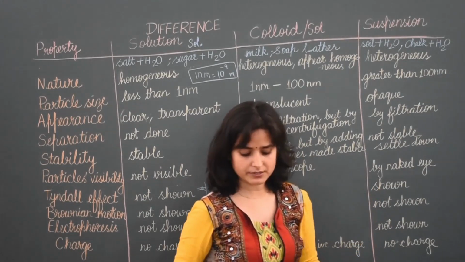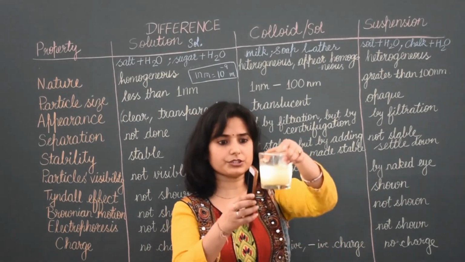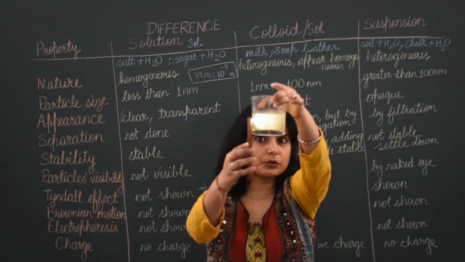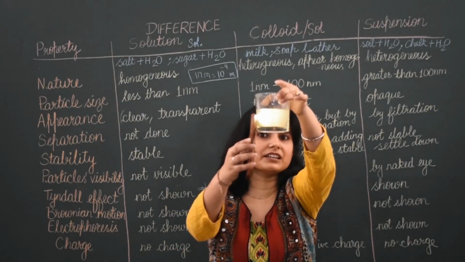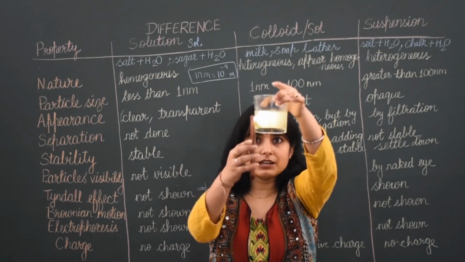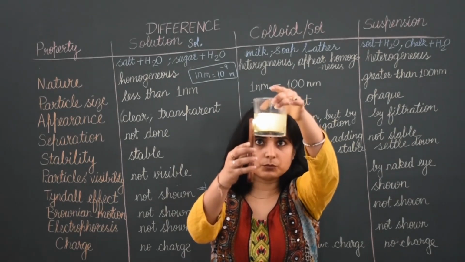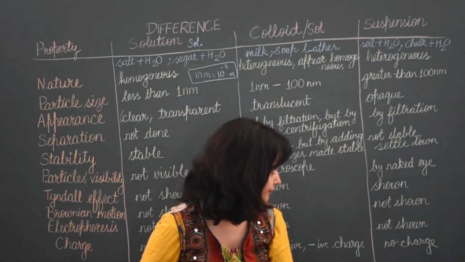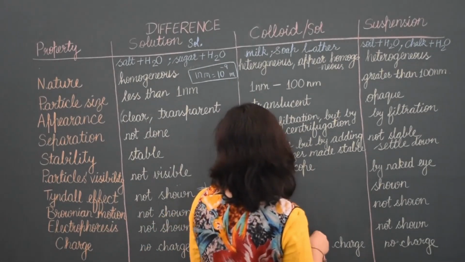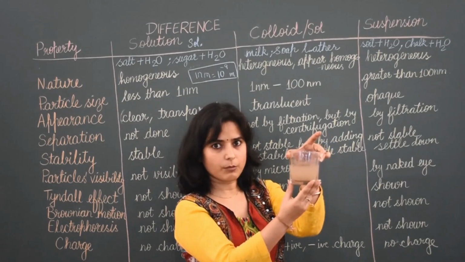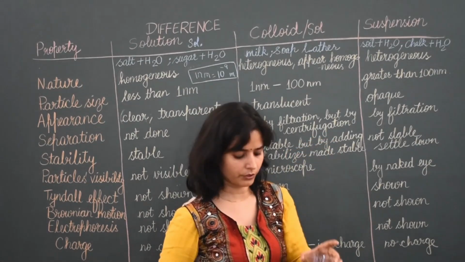Next, Tyndall effect is also shown by this type of mixture. See, inside this mixture light is shown, particles are seen very clearly, and they show Brownian motion. So Tyndall effect as well as Brownian motion both are seen inside a suspension. Next, when particles settle down at the bottom, after that Tyndall effect is not shown.